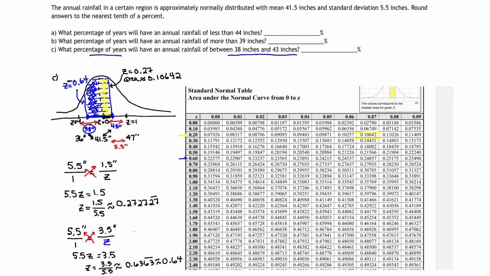So I'm going down to 0.6 and over to the 0.04 column. The area on this side, let me write this down, is approximately 0.23891.